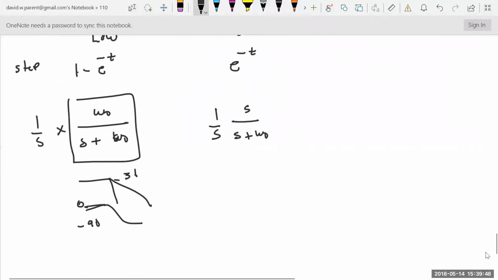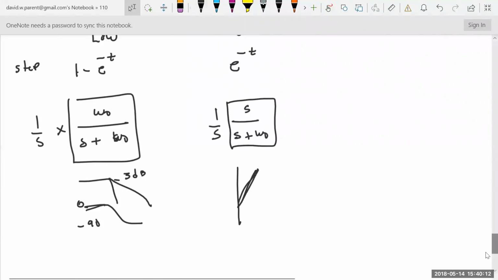That would be the minus 3 dB part, right? When s is 0, these two cancel, you get a gain of 1, which is 0 dB. Right here, as s goes to 0, the output goes to 0. Right, then at some point, s is bigger than omega naught, and it evens out, and the phase goes from 90 down to 0. Right?